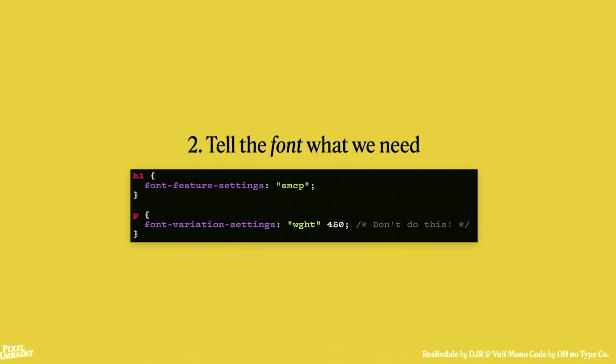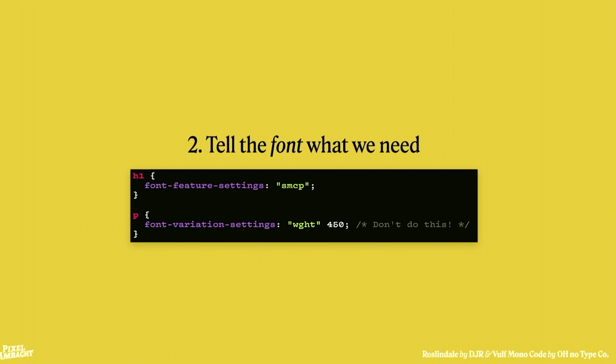So if we would tell the font what we need, we would say enable font-feature-settings small caps, and we do that with a 4-letter OpenType code, and then the browser has no idea that you asked this from the font, so it cannot produce a fallback or anything. And we're also setting the weight axis of the variable font here directly, which you shouldn't do.